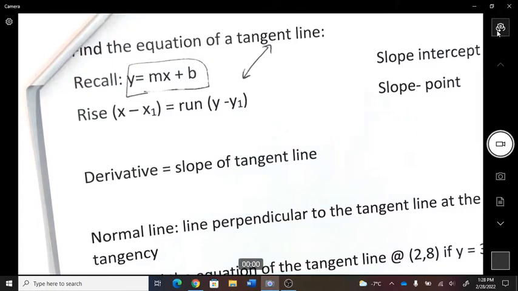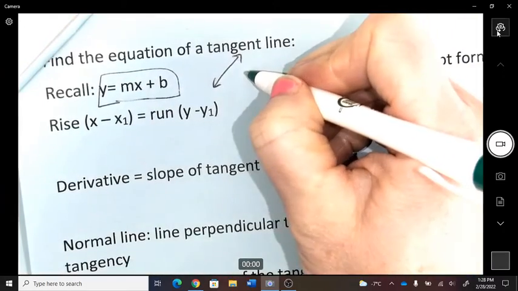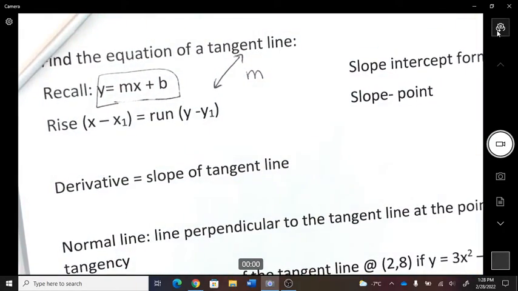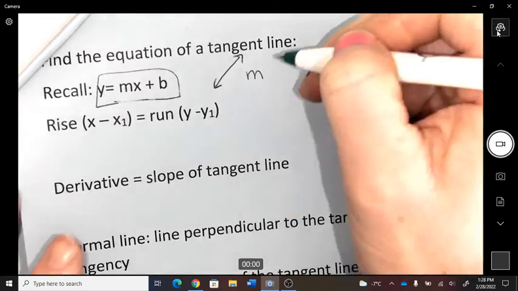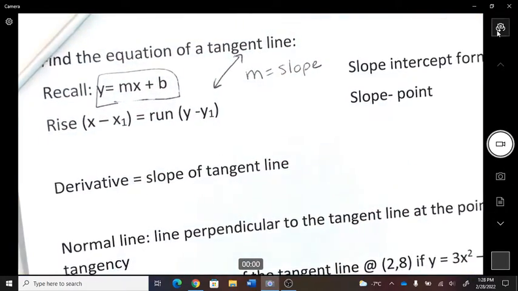Okay, and it's called slope-intercept form, this way of doing it, because what do we know about m? It's a slope. Right? This is grade 10, does that ring a bell? Slope.